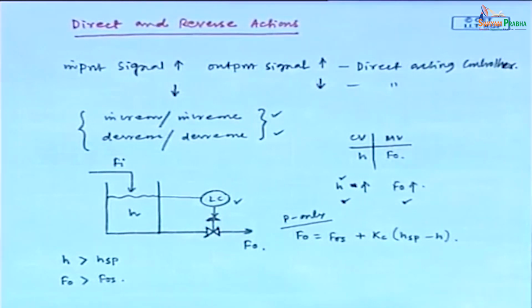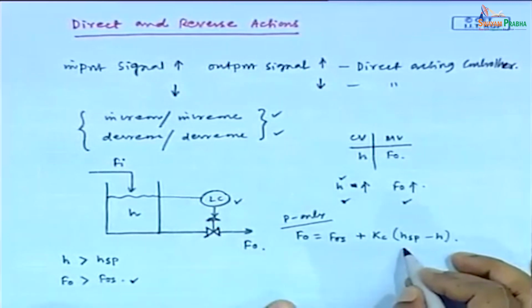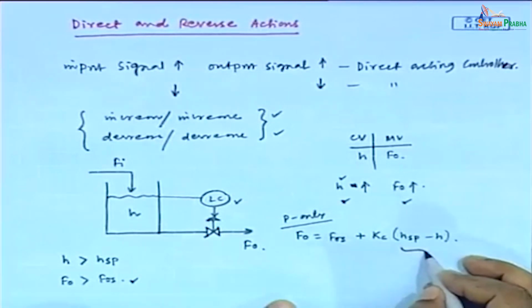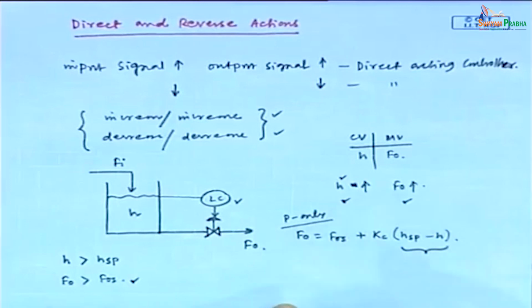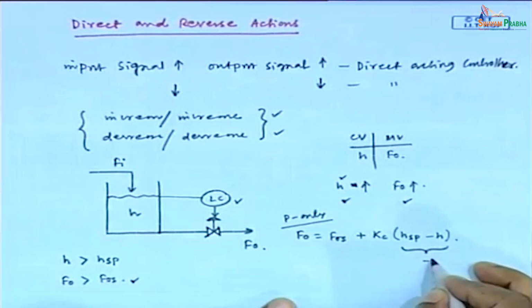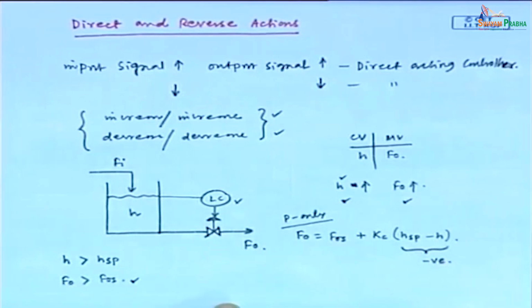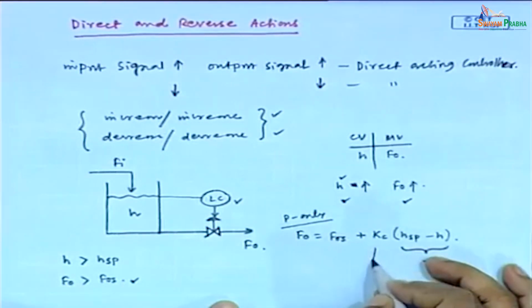If height is greater than h set point, then the controller is required to maintain this condition, I mean F naught should be greater than F naught s. If height is greater than h set point, then what about this term? It is positive or negative? It is negative. Now, how is it possible to maintain F naught greater than F naught s? If Kc is negative.